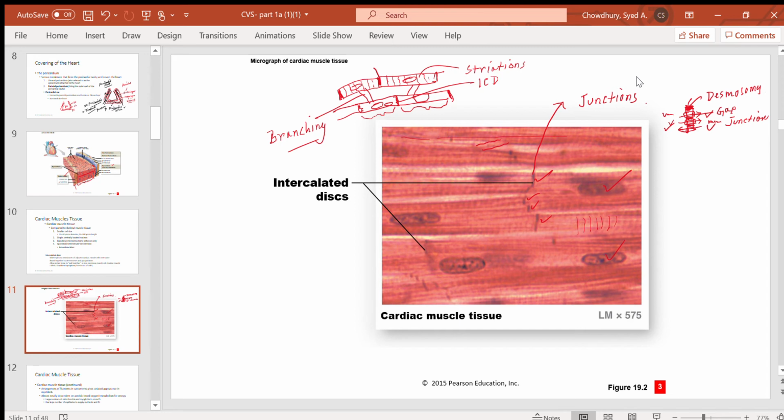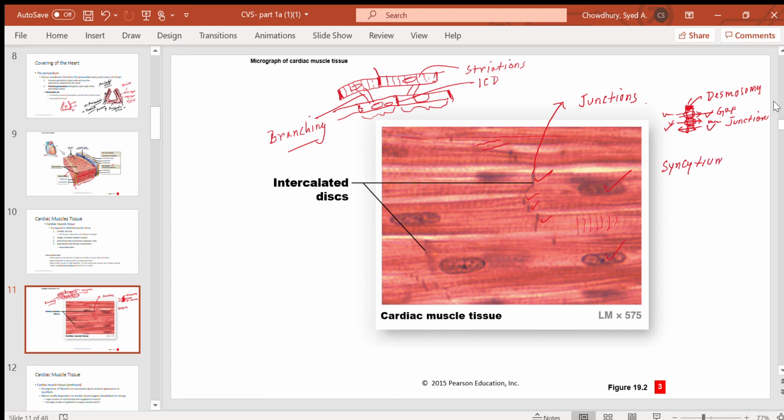If one muscle fiber or cell contracts, then another will also be pulled because they are strongly attached by desmosomes. Okay, and they can also exchange chemicals or ions quickly, so they can communicate quickly. So that's why cardiac muscle is termed a syncytium.